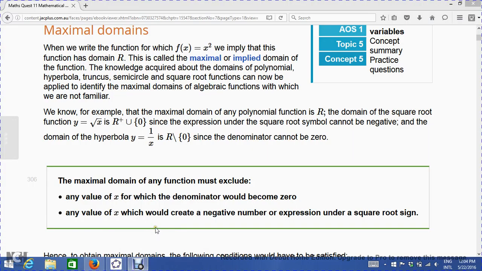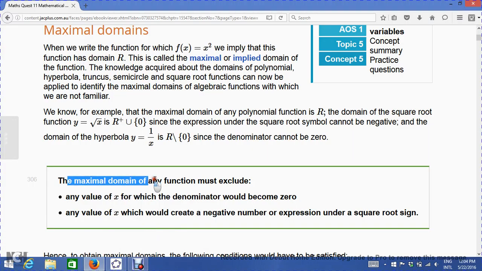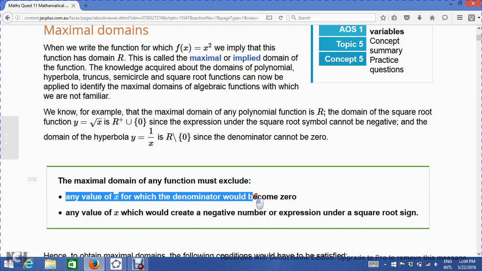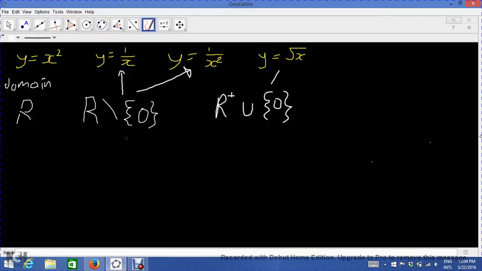Okay, so we can start making a bit of a summary now. The maximum domain of any function must exclude two situations. Any value of x for which the denominator would become 0, and we saw that here. If we have a denominator of 0, it doesn't exist.